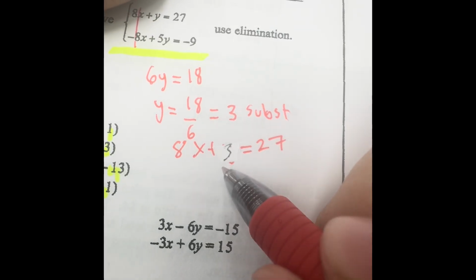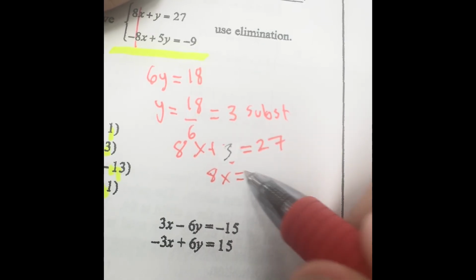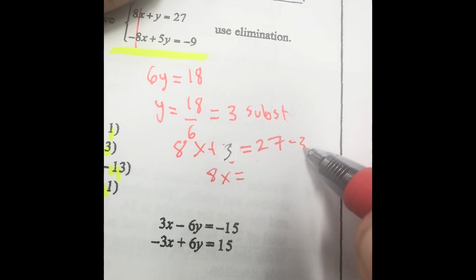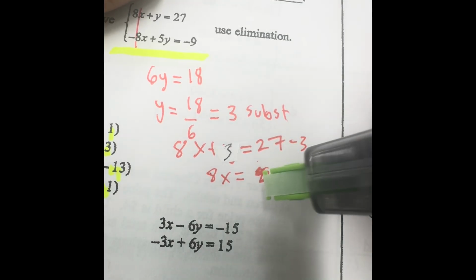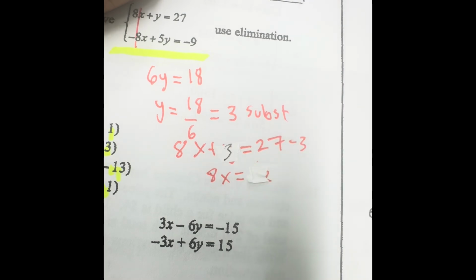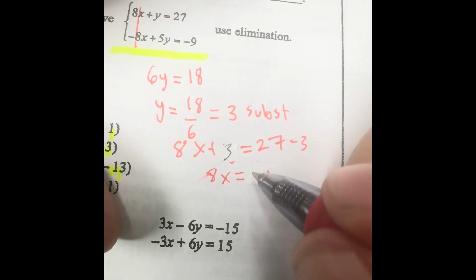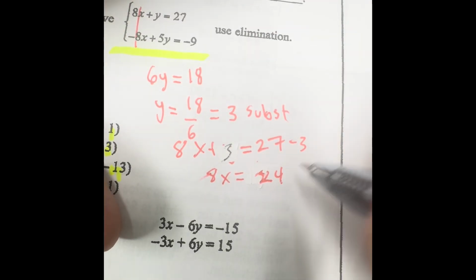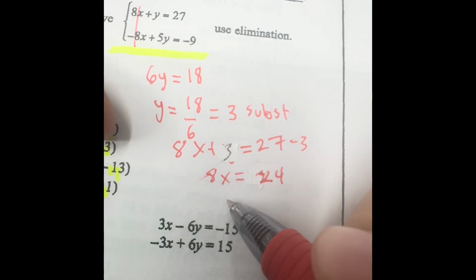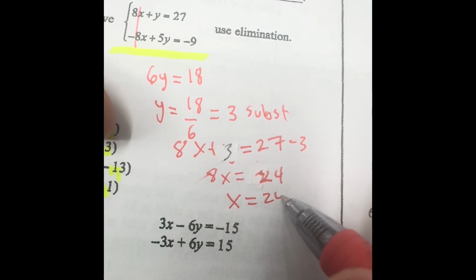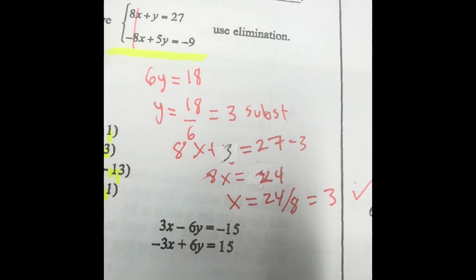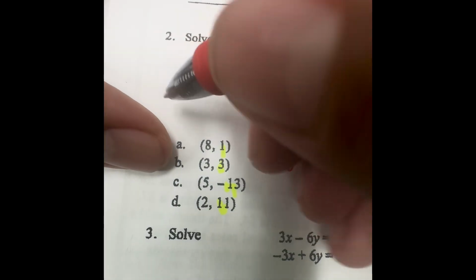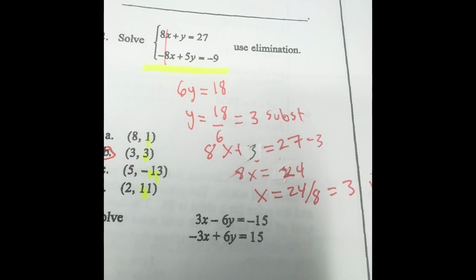I would subtract 3 to begin, so 8x is equal to 27 minus 3, which is 24. Then you divide both sides by 8, so x is equal to 24 divided by 8, which is 3. It is justified that the x value is 3. So it just builds more confidence in your ability to answer these questions. So B is the correct response.